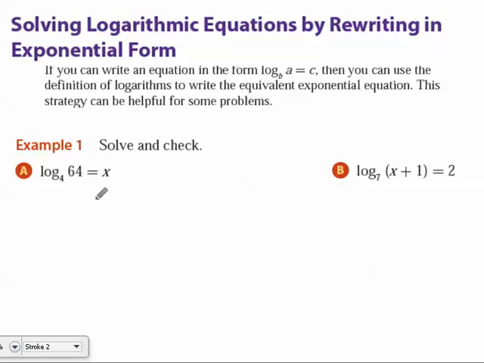What I'm trying to point out to you here is, here we've got log base 4 of 64 is equal to x. Well, this is actually 4 to the x power is equal to 64. That's the exponential form of this same thing. Remember, base goes here, power goes there, and this is the number that goes there.